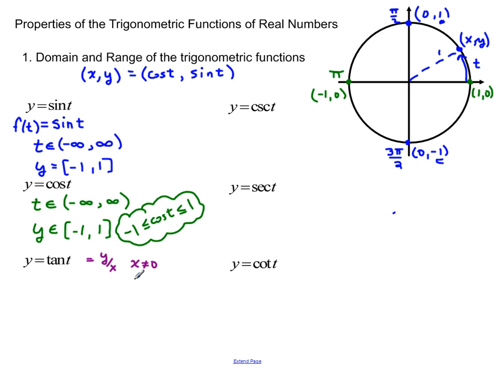Well, x equals 0 at the top and bottom of our unit circle. So we're thinking angles like pi over 2, or 3 pi over 2. If we kept on going, we might say at 5 pi over 2.